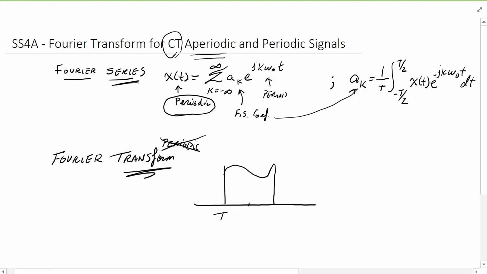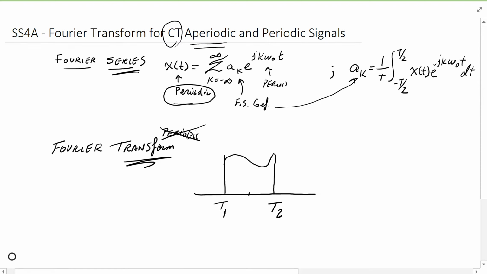Let's say this signal goes from minus T over 2, or actually let's be even more general. Let's say this goes from T1 to T2, somewhere in the region.